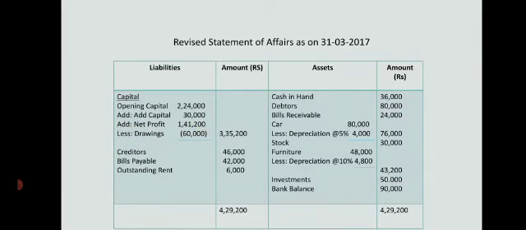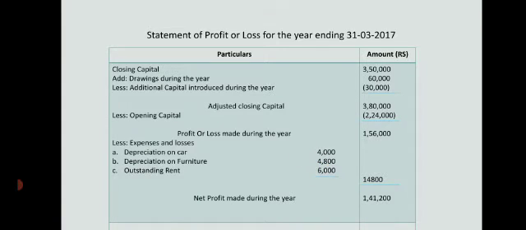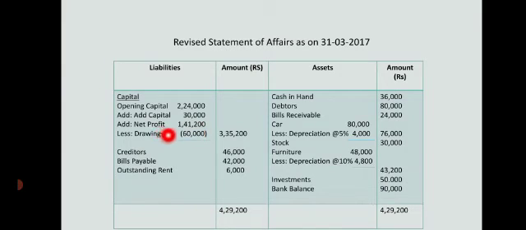Add net profit. We have already calculated the profit with the help of the statement of profit or loss, and our net profit is 1,41,200. So add net profit 1,41,200. Deduct drawings 60,000. So the final balance of closing capital is 3,35,200.